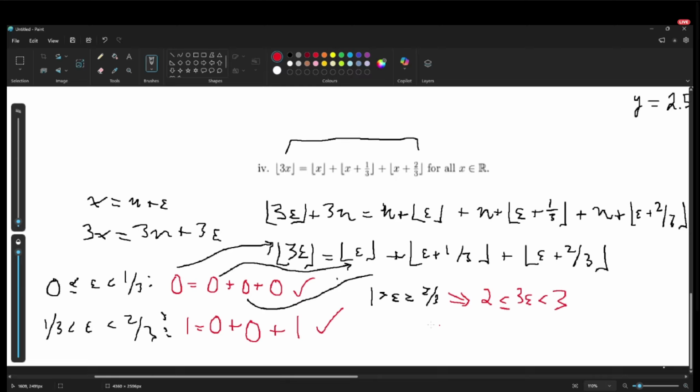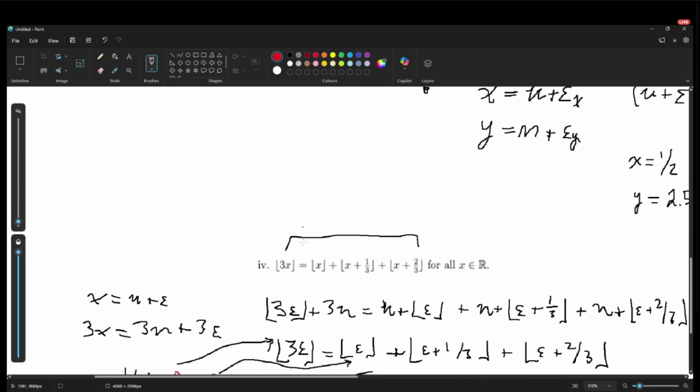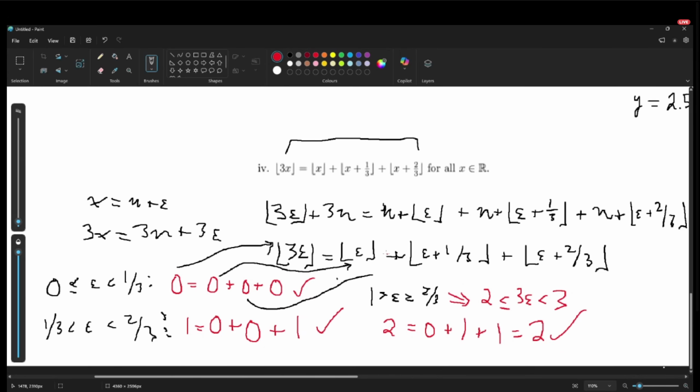So the left-hand side becomes 2. This becomes 0 still, this side becomes 1, and this guy should be 1. So the statement holds true for all 3 cases, and since these are the only cases, this statement is true.